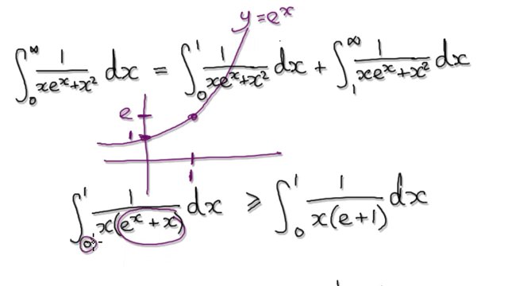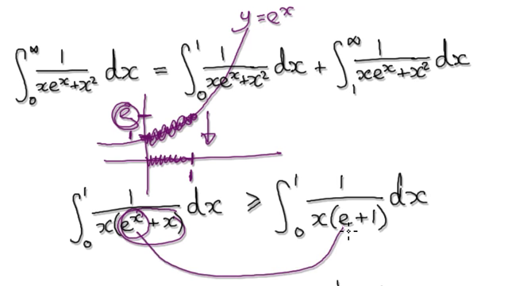In this region from 0 to 1, this thing is always going to be less than or equal to e. So we can compare it with the constant e.